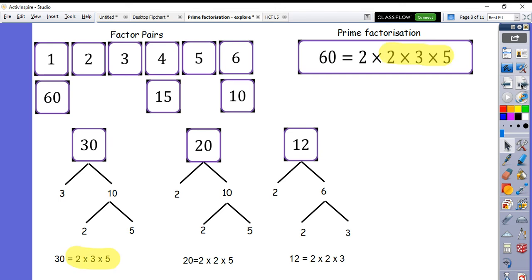So we could see that the prime factors of 30 were also in the prime factors of 60. We also noticed that the prime factors of 20 were in the prime factors of 60. And the same for number 12.